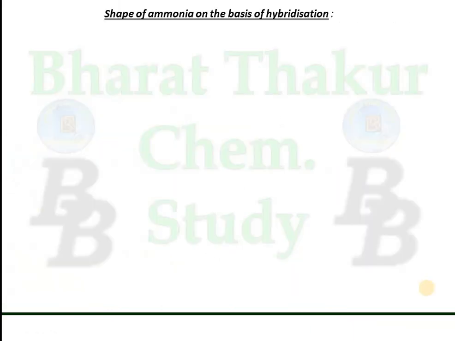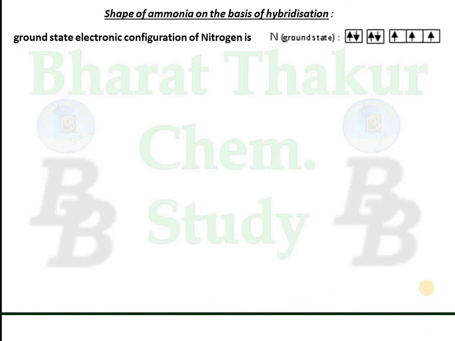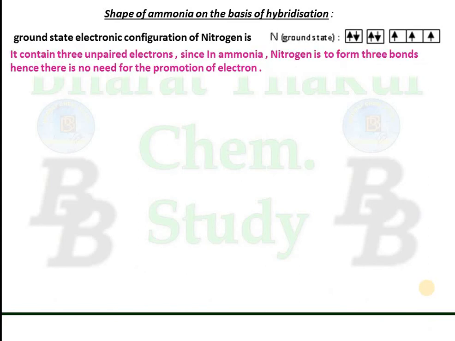Now shape of ammonia on the basis of hybridization. The ground state electronic configuration of nitrogen is 1s2, 2s2, 2p3. So here in ammonia, nitrogen is forming 3 bonds and it already has 3 half-filled orbitals. That means there is no need for promotion of electron. And we have already studied roughly that in ammonia, the hybridization of nitrogen atom is sp3.